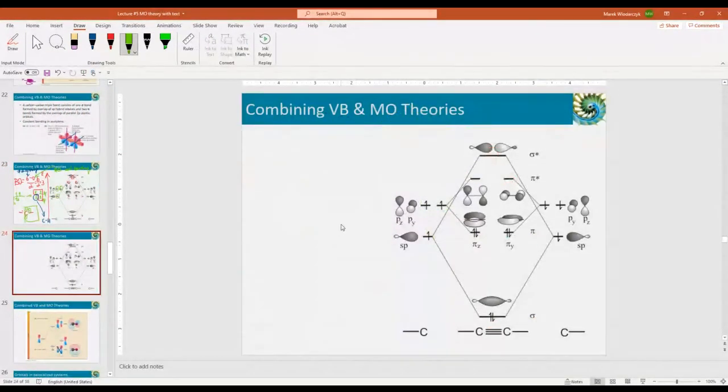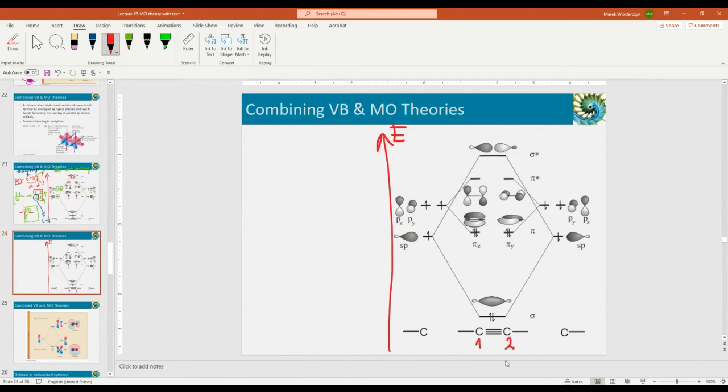Okay, so again, if we go back to this diagram here, we know that energy increases up. The bond order tells you the number of the bonds that forms between two atoms that are being described in the molecular orbital diagram. So let's say that this is carbon number 1, this is carbon number 2.